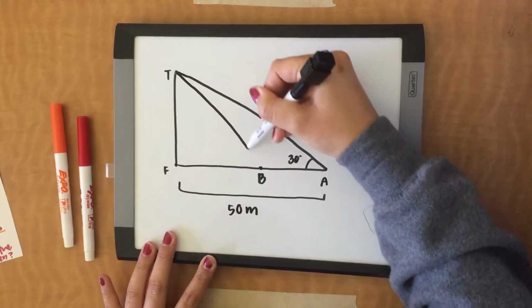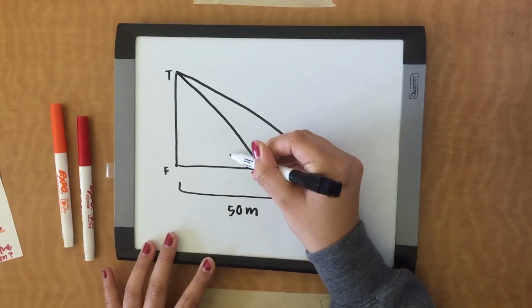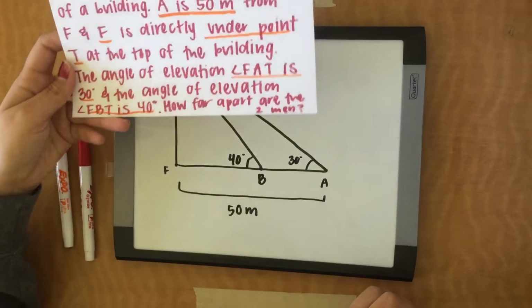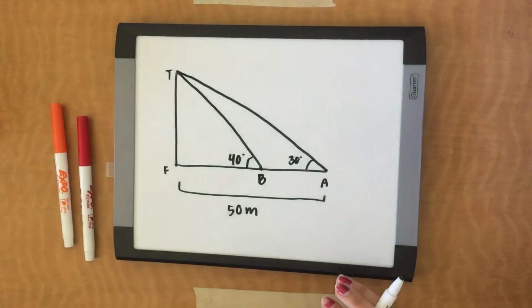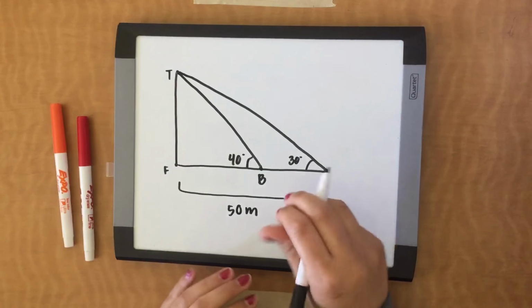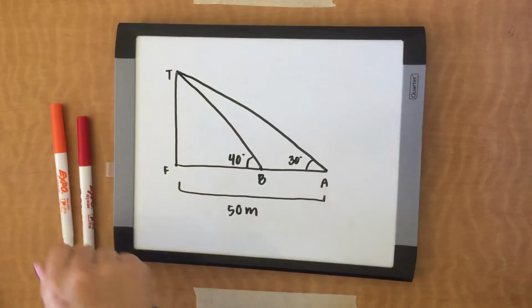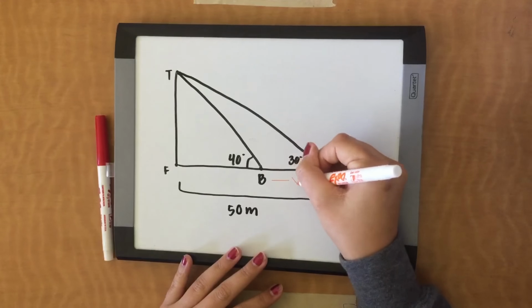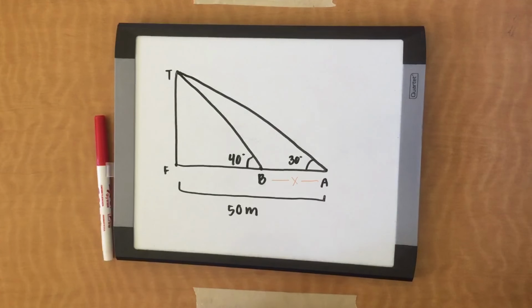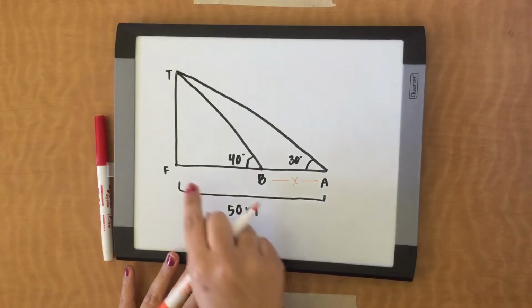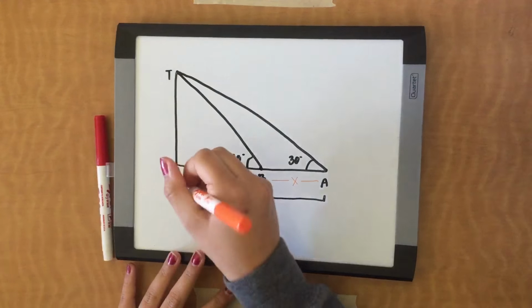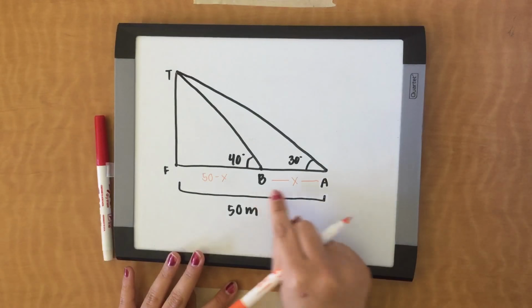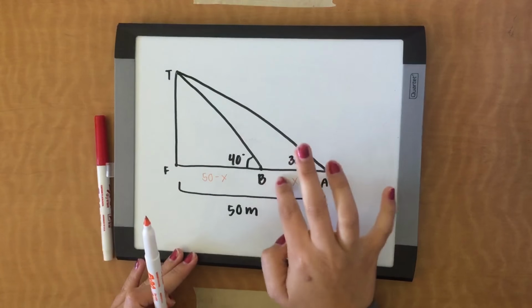We'll draw this little one. And this one is 40 degrees. And that's all we need to know. So this is what we'll be solving for, how far apart the men are. So X. And just to be helpful, FB is just going to be 50 minus X.